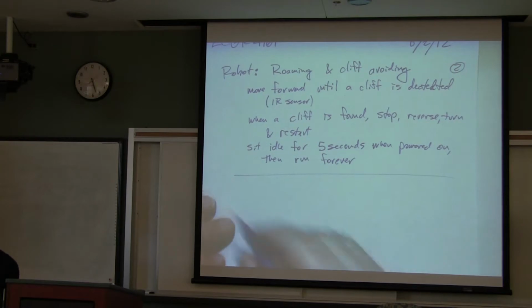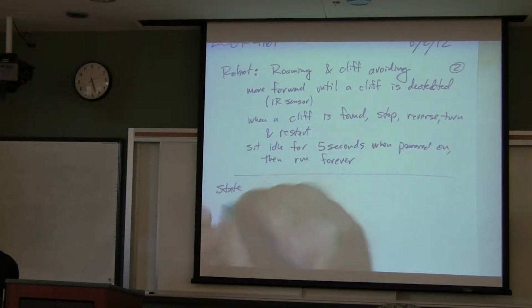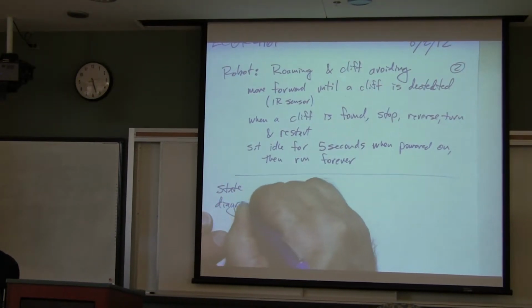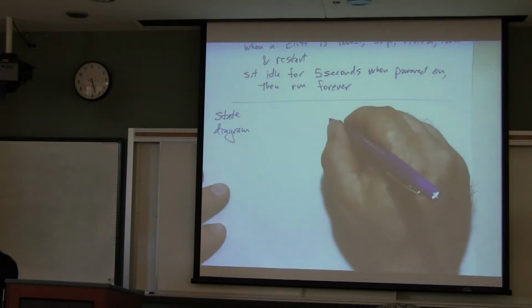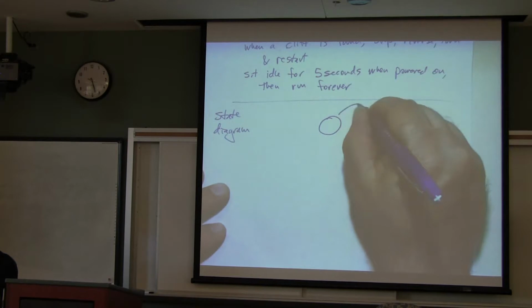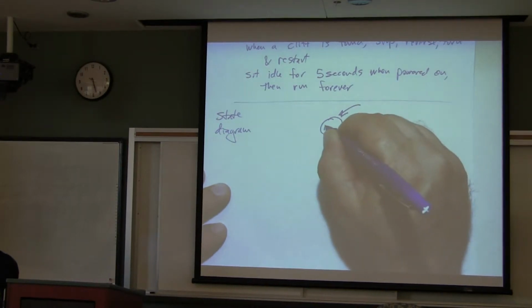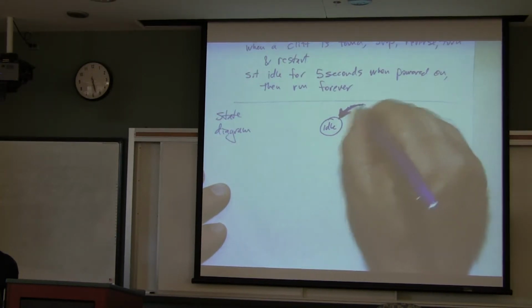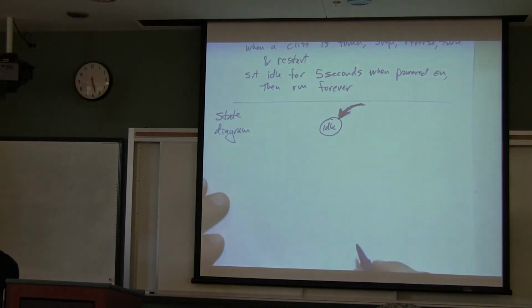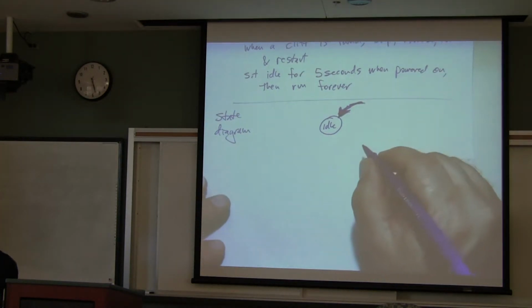So, our state diagram will look like initial state. Set timer. Gosh, this is horrible. So, what other state are we going to have?